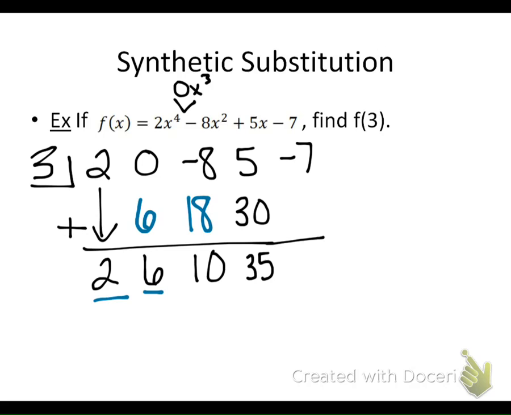Yes. And then negative 7 and 105 is 98. Did anybody already plug in f of 3? Because if you plug 3 into your calculator in that polynomial, it does come out to be 98.